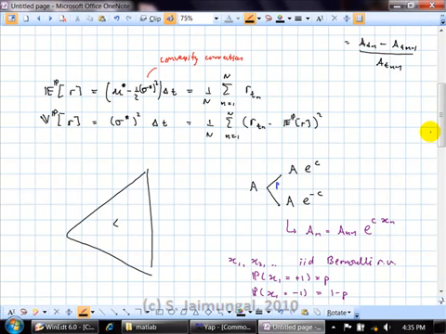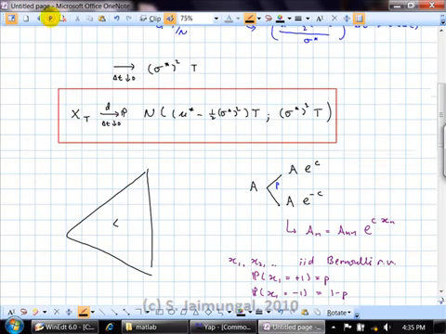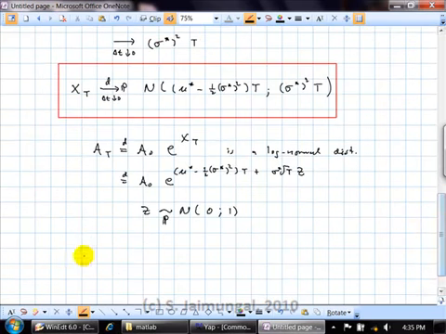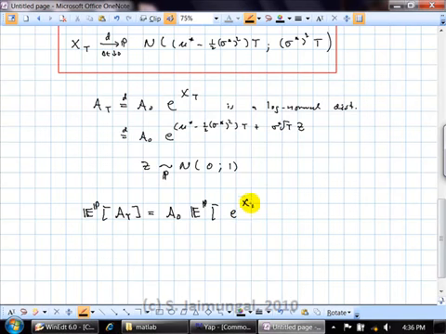Well, let's see what it means. Why did that come in useful? Well, suppose I asked you to calculate the expected value of the asset A capital T. What is it equal to? Well, it's A0 times the expected value of e to the X_T. And if you remember your moment generating functions for standard normals, first of all, I'll just write this in terms of the Z random variable here.